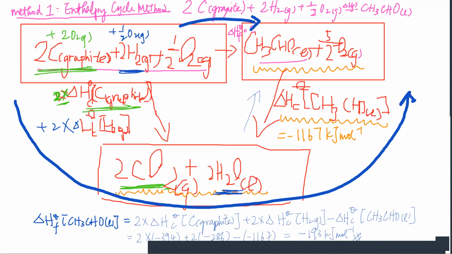Do you know how to solve? Do you have some other method to solve this?